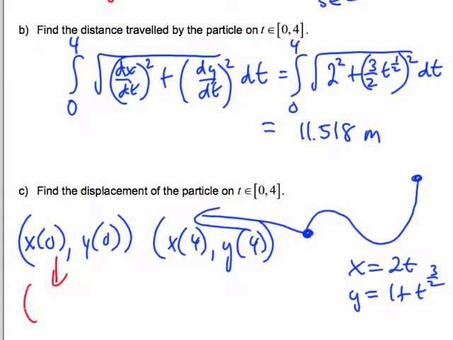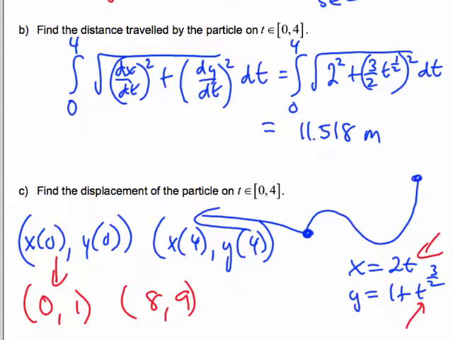Our starting position, at time 0, would be 0 for the x, 1 for the y, and at 4 we would be at 8, comma, the square root of 4 is 2, cubed is 8, plus 1 is 9.